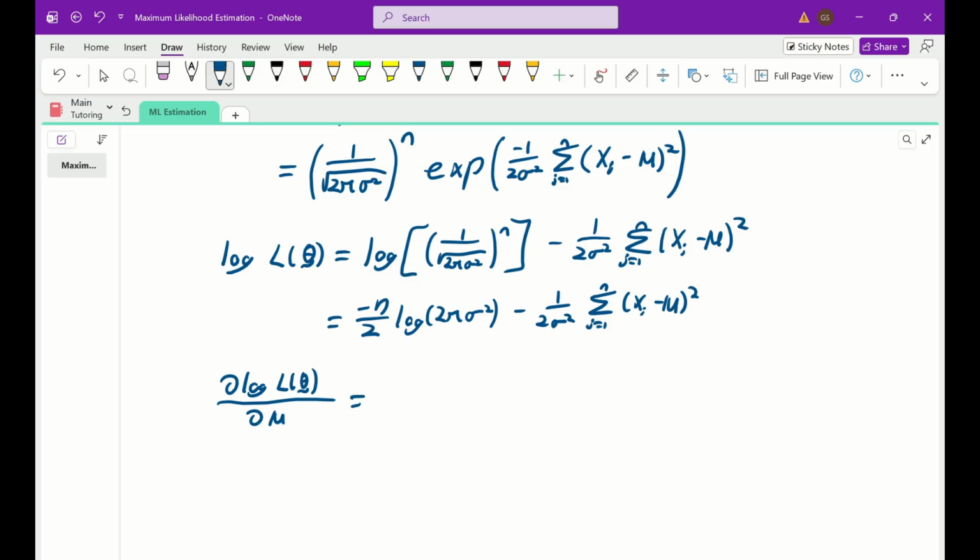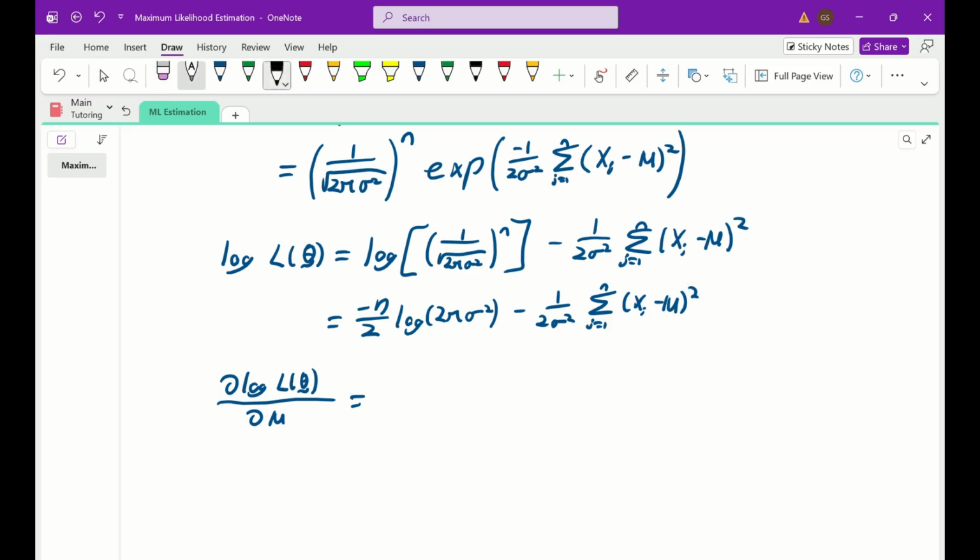And if we look on this side, what's the derivative of this with respect to mu? Well, there's no mu in the first term, so that goes away. Here there is a mu, right? And the derivative is a linear operator, so it can act inside this sum. So if we take the derivative here, what's going to happen? The 2 is going to drop. It becomes a 1, and then we multiply by -1 by the chain rule.